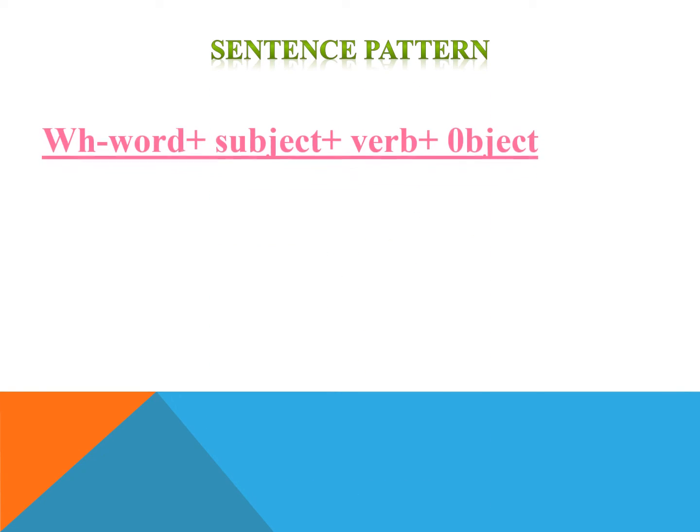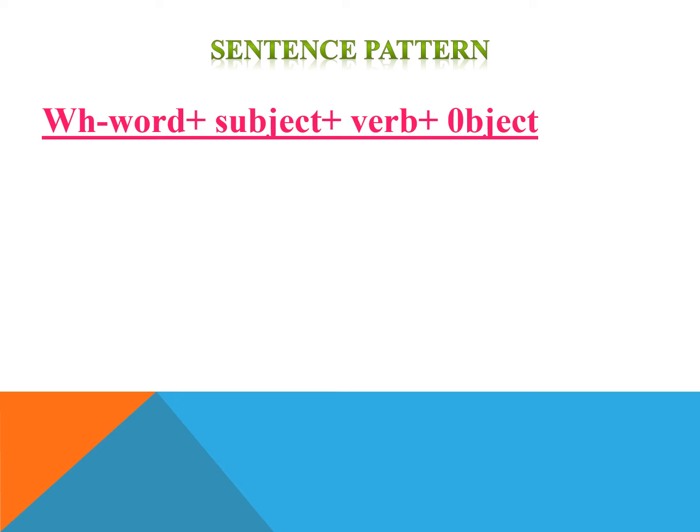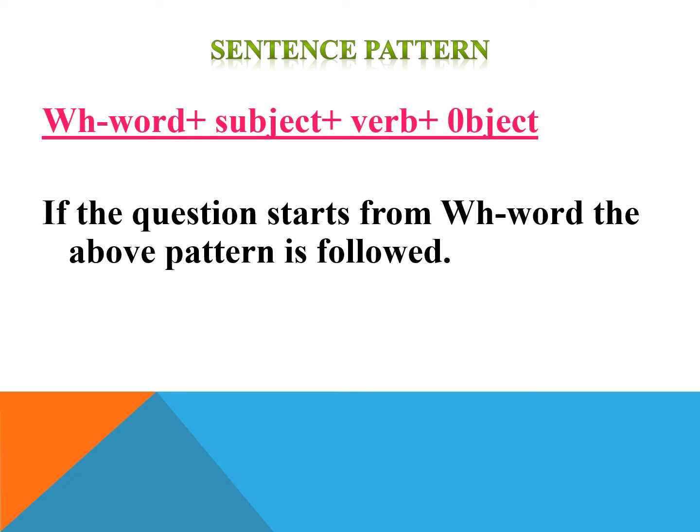The sentence pattern is like this: WH word plus subject plus verb plus object. If the question starts from a WH word, the above pattern is followed. For example, reported speech that starts with a WH word like what's your name, where do you live, when do you come.